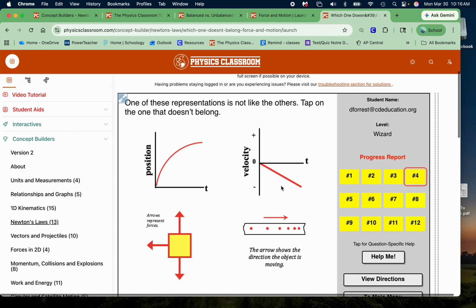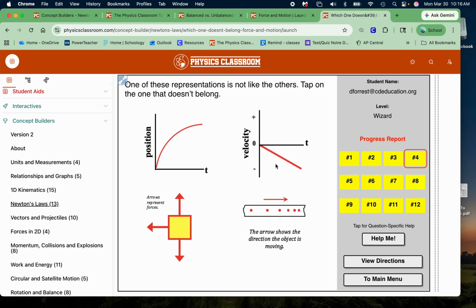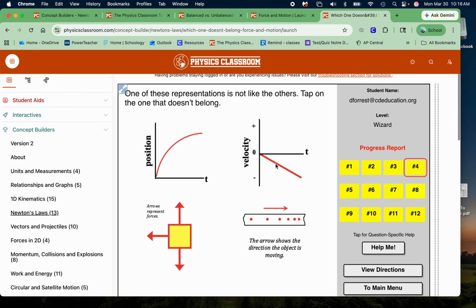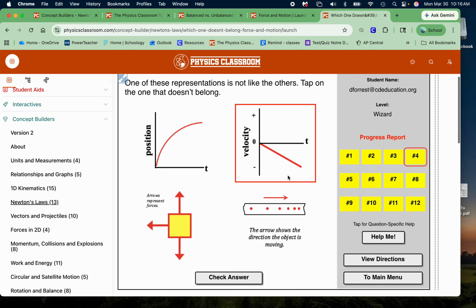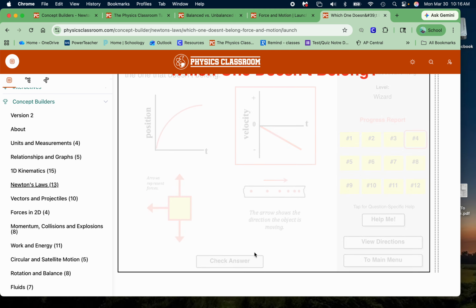Oh, could agree with that, but I think this is the wrong one. So that's sneaky. So this one is not like the other three. These three can be consistent with each other. This one is not consistent with these two. This one could be consistent with this, but it's definitely not with the other two. So I'm going to pick this one. Again, I think that's sneaky.